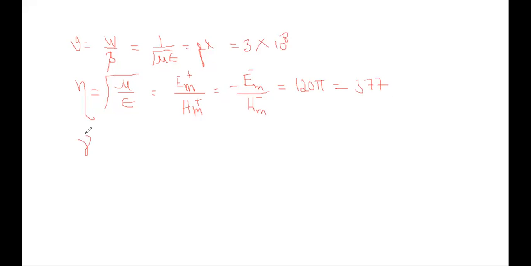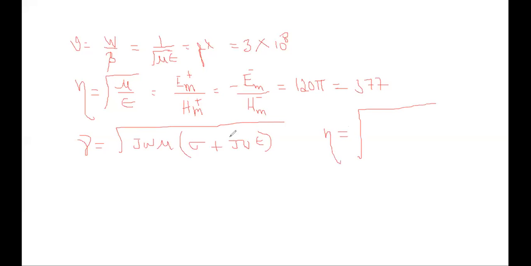And also we derived the expression of gamma by using Maxwell's equations: gamma is equal to under root of j omega mu multiplied by sigma plus j omega epsilon. This is gamma. And the intrinsic impedance, what I told in the previous class, is inverse actually. I told sigma plus j omega epsilon by j omega mu.